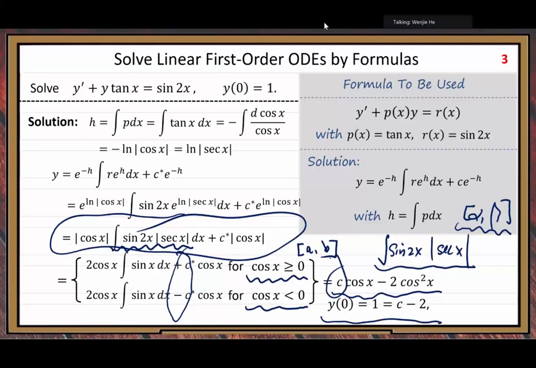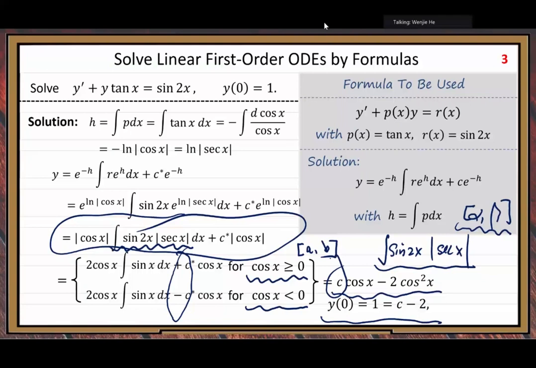Otherwise, if on this interval part of it cosine of x is non-negative and part of it cosine of x is negative, then we cannot get one of the two forms. We have to take the relatively complicated form and keep that form.